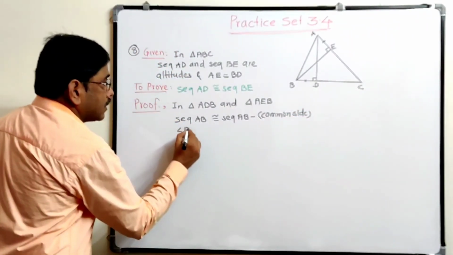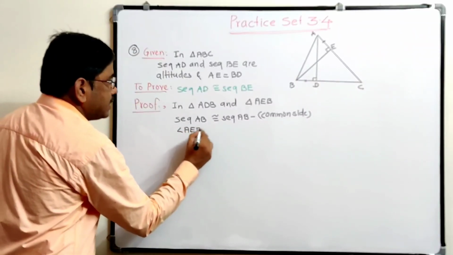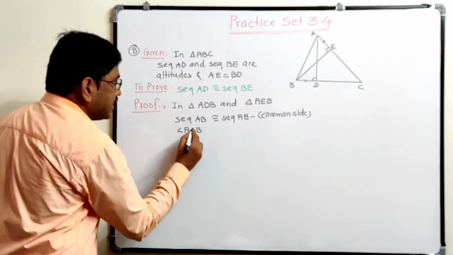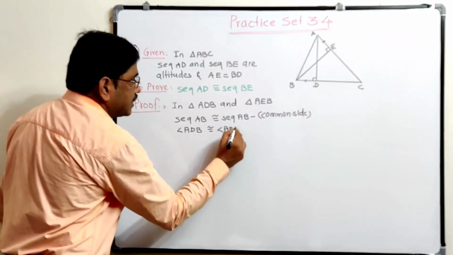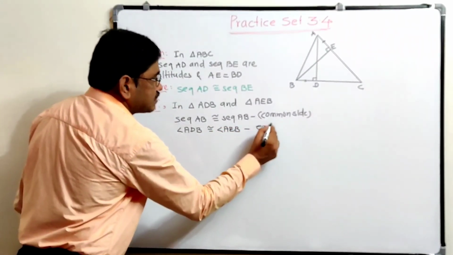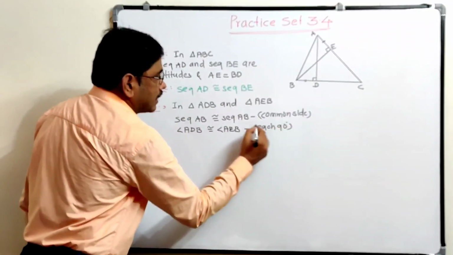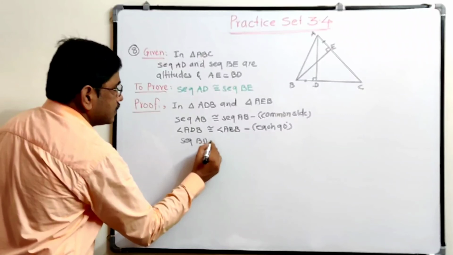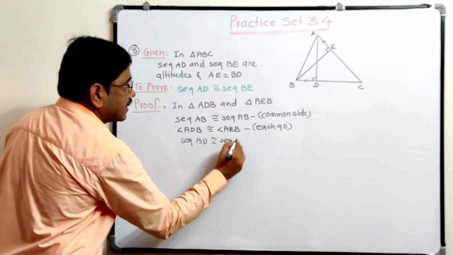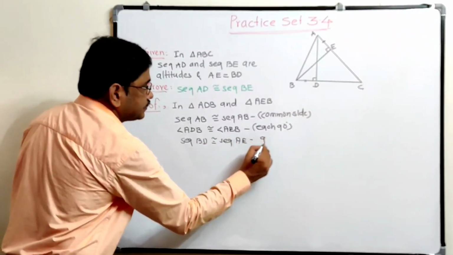Angle ADB is congruent to angle AEB, each 90, which means both are right angle triangles, and segment BD is congruent to segment AE, that is given.